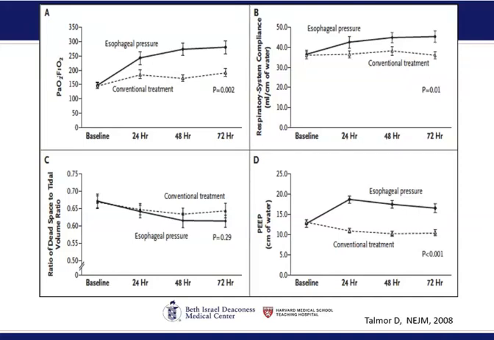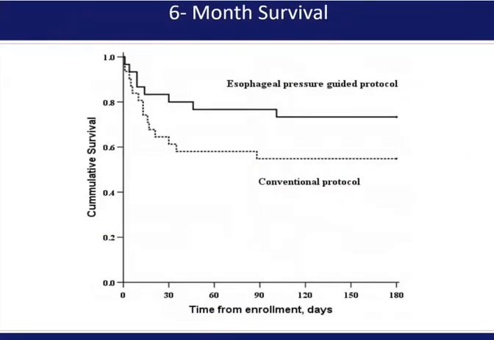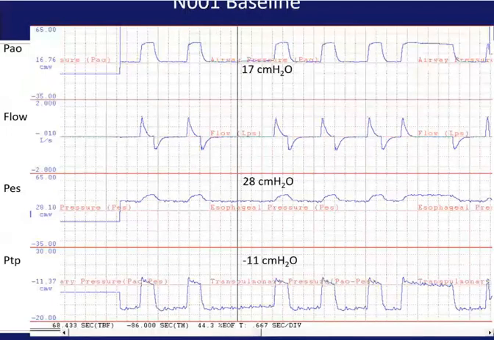There was an improvement in dead space, although not substantial. And this is the survival curve from this trial. It looks impressive, but it's not statistically significant. But I will say that it showed that at least we were doing no harm in applying those very large levels of PEEP. So how high do we go?